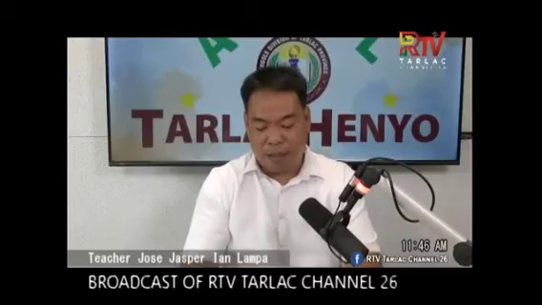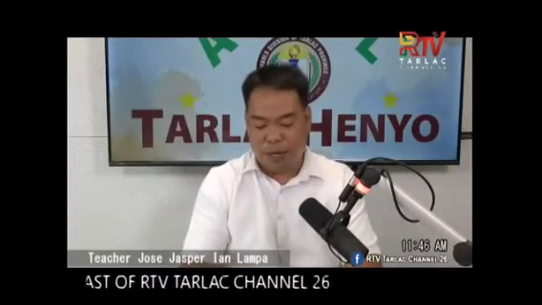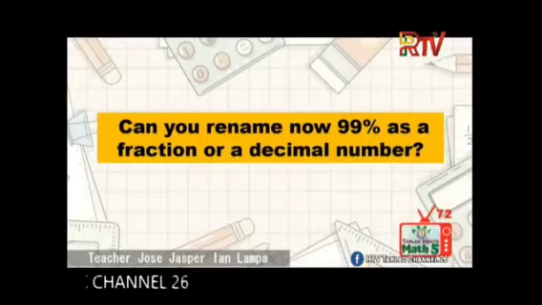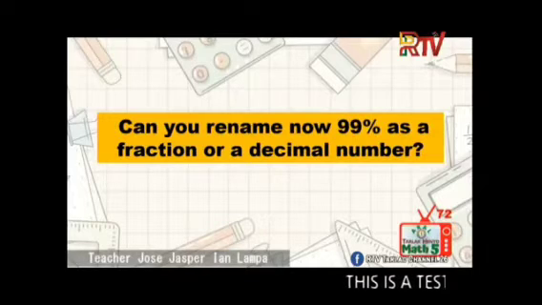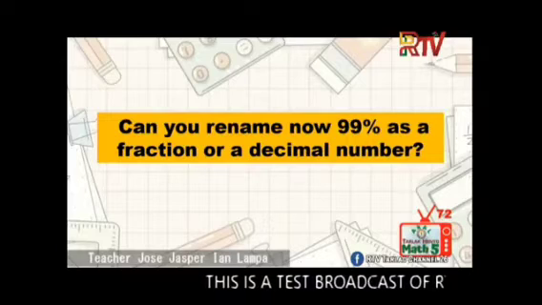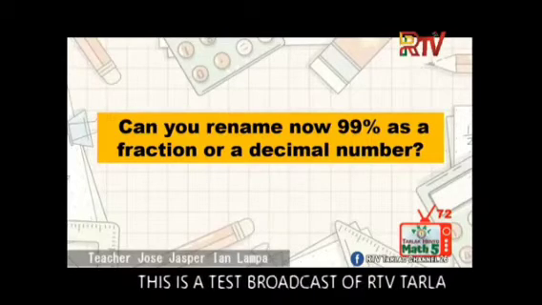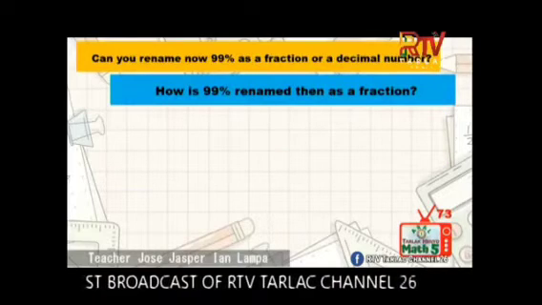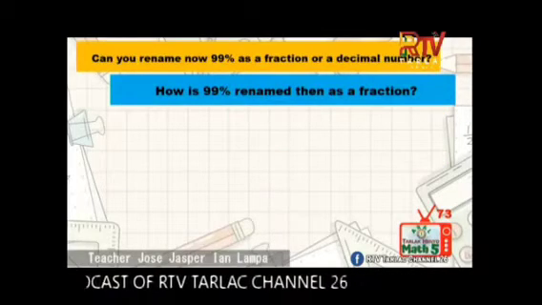Now, let's go back to the question I posted earlier. Can you now rename 99% as a fraction or a decimal number? Yes, you surely can. How is 99% renamed then as a fraction?